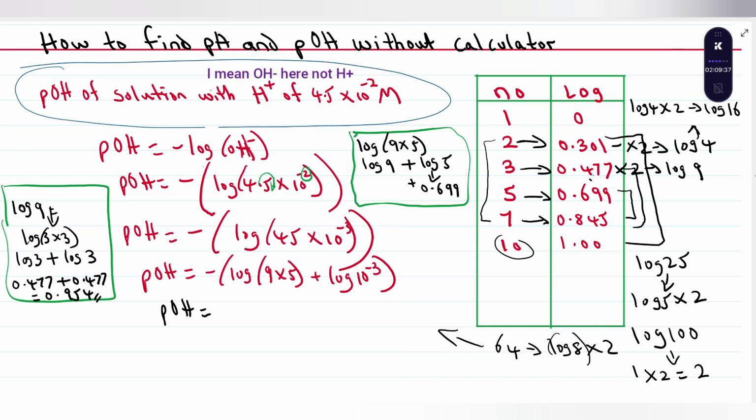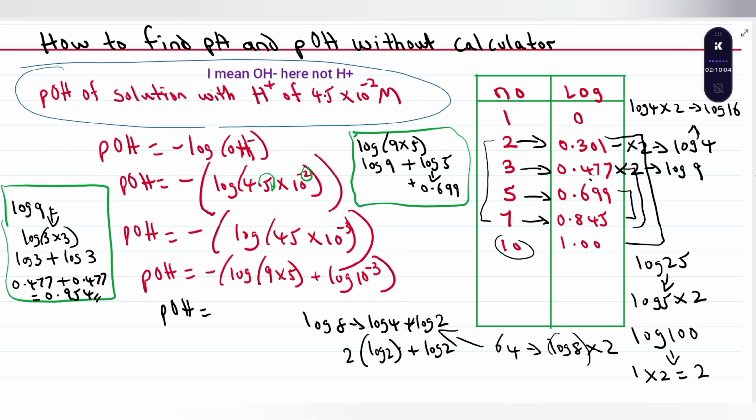You know your log of 8 is actually log of 4 plus log of 2. Do you understand? So our log of 4 here, we already know is log of 2 times 2, that means 2 log of 2. So our log of 4 is 2 log of 2 plus log of 2.